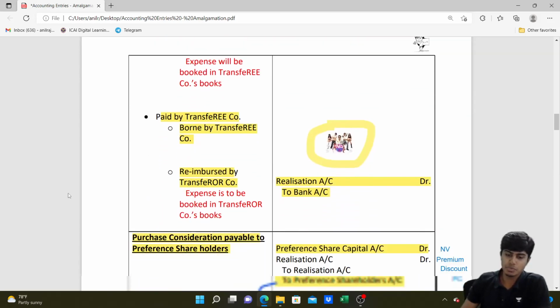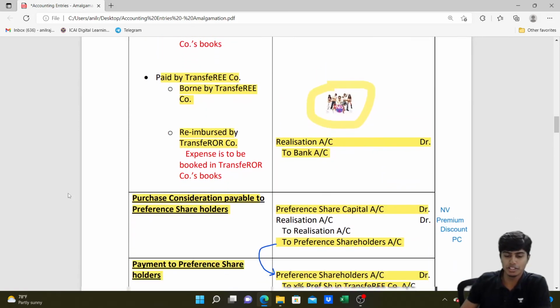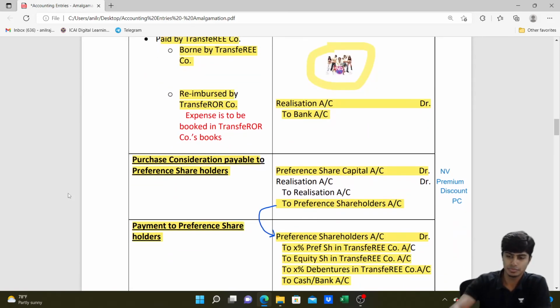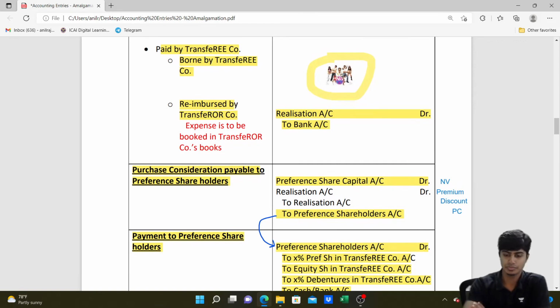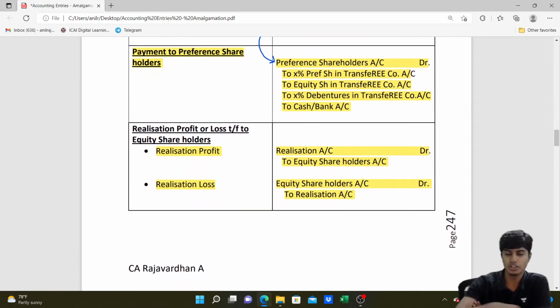Then liquidation expense paid by transferee and purchase consideration payable to preference shareholders. Done. Now settlement to preference shareholders and realization profit or loss.